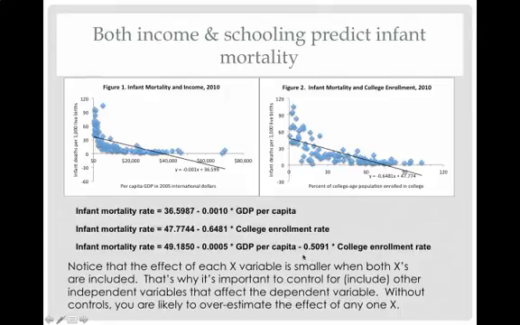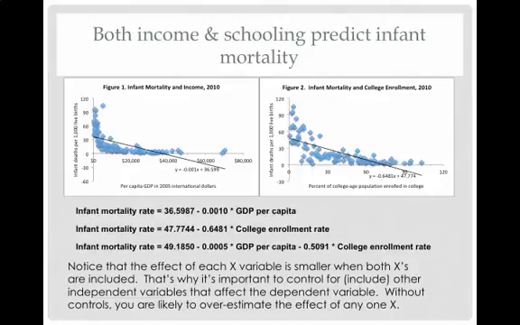What's going on? Well, what's going on is that some of the income effect was actually capturing education. And when I control for education, when I control for college enrollment, the effect of the income, I can see it more clearly. It's half the size. Some of it is income, but some of it is also education.